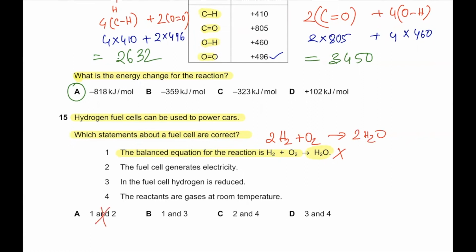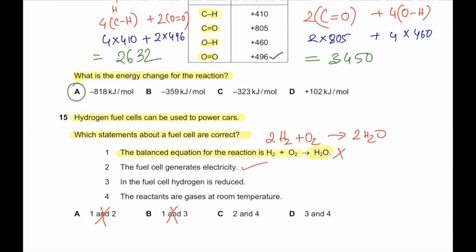If number 1 is wrong, you can see, guys, A and B are already wrong. So point number 2, the fuel cell generates electricity. Now we know that the fuel cell generates electricity. This is a correct statement. Along with point number 2, the number 3, in the fuel cell, hydrogen is reduced.